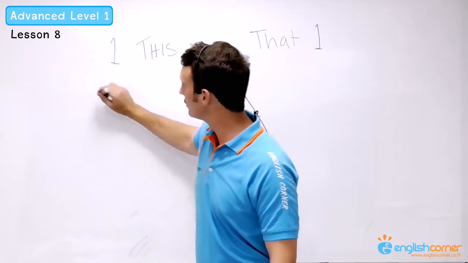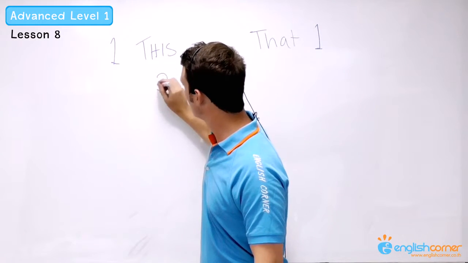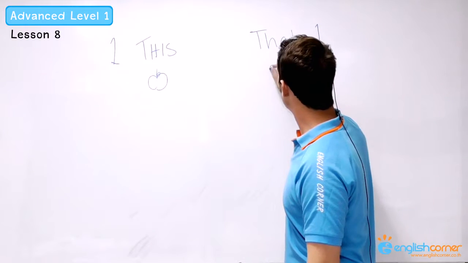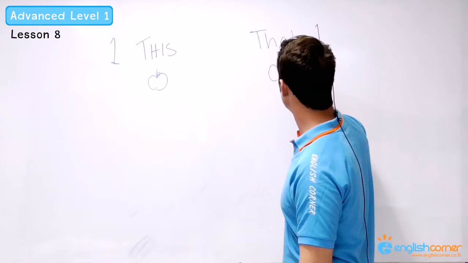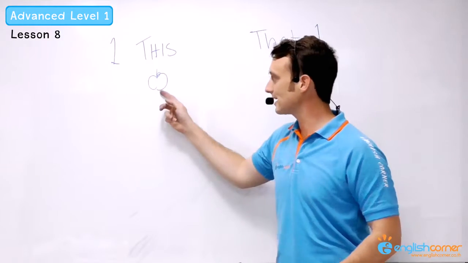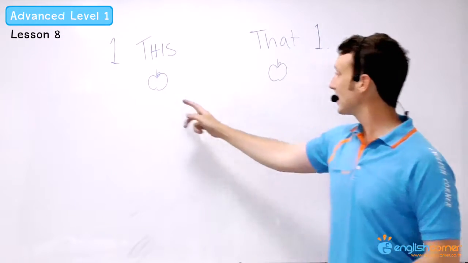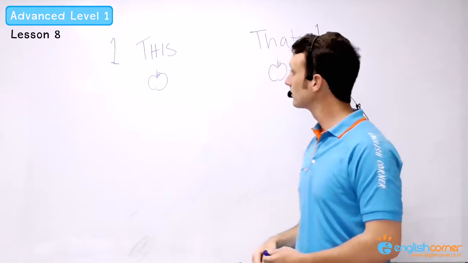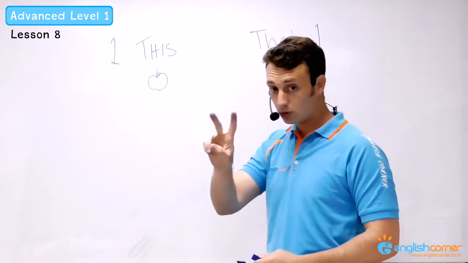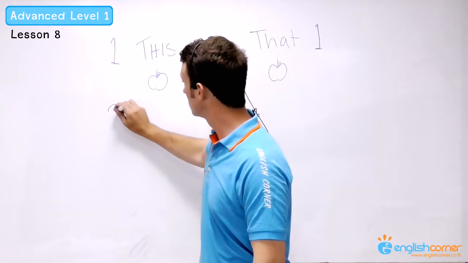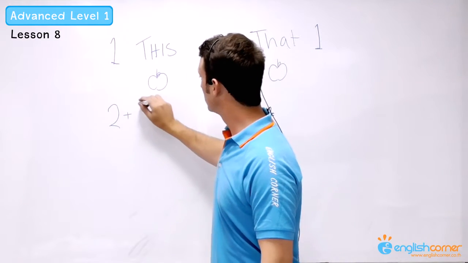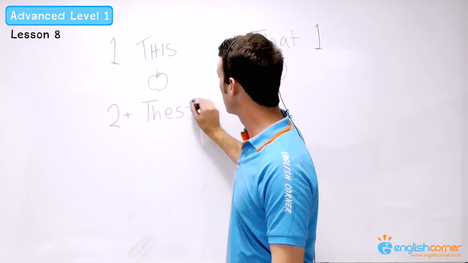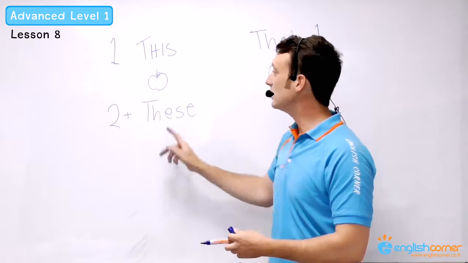So if it's one apple, you say this apple. Or you could say that apple. Okay? But if it's 2 or more, you say these.